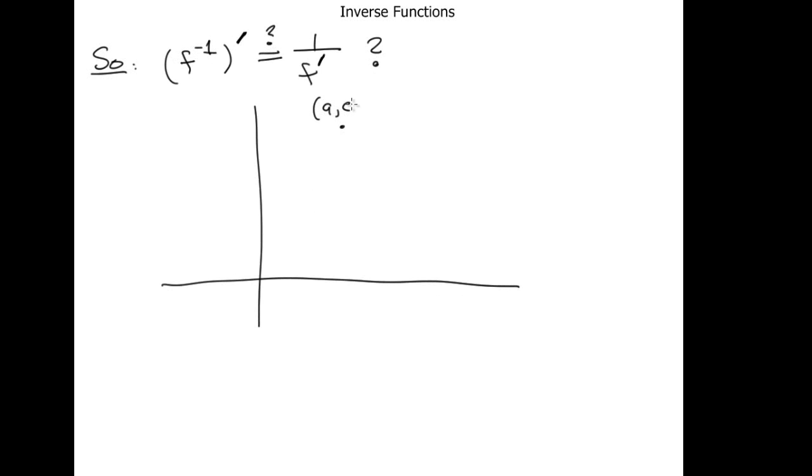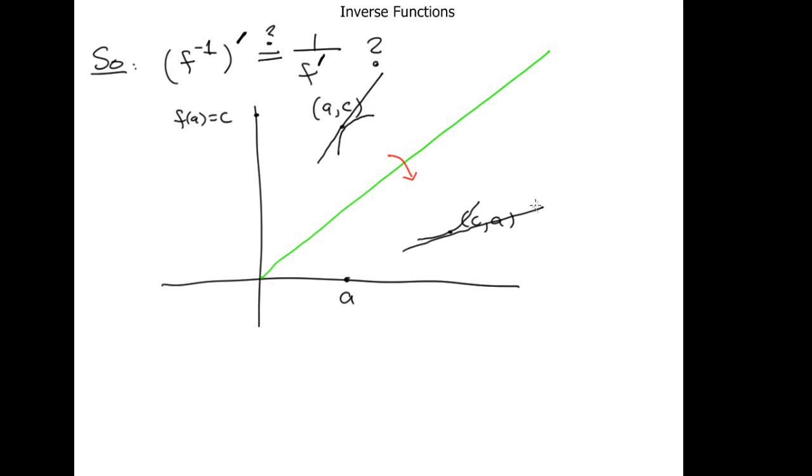What I did before was fine for straight lines, but what if you have a curve? So let's think about that a little bit. Suppose you have a function given by f of x, and f of a is equal to c, and you're going to reflect the graph around this line. It's going to change (a, c) to (c, a). That's what this reflection operation does. It switches x and y. And so if you have a curve going through this point with some tangent line, when you reflect it, the tangent line is going to go to the line with slope 1 over that.